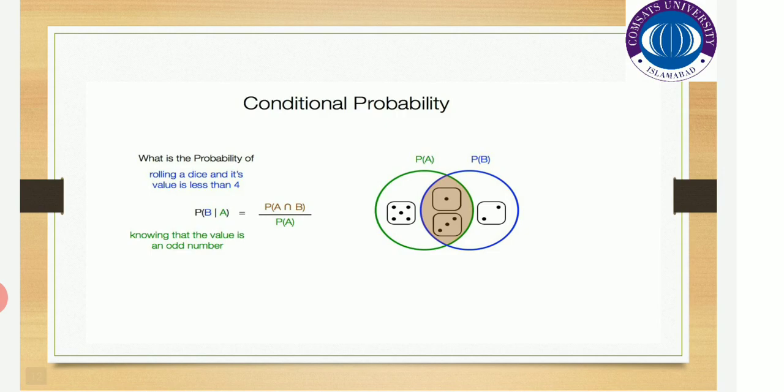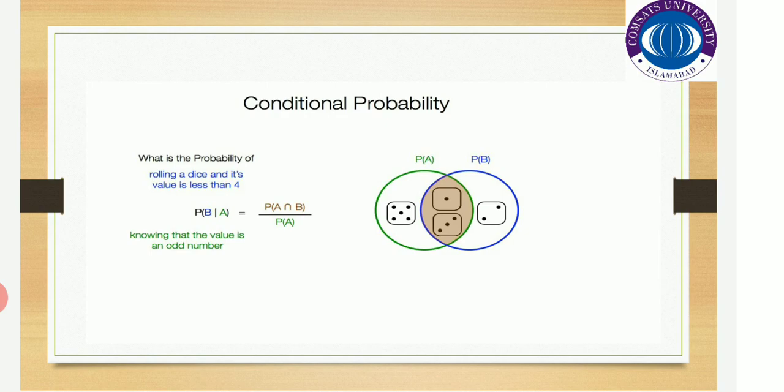So what is this diagram indicating? This green area shows that the outcome will be an odd number, and odd numbers are 1, 3 and 5. And what this blue area is indicating is that the die's outcomes are less than 4.